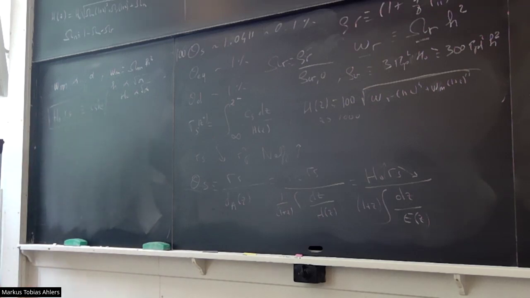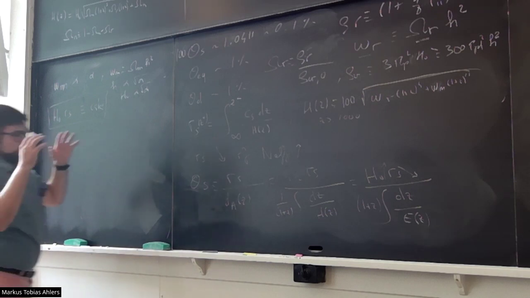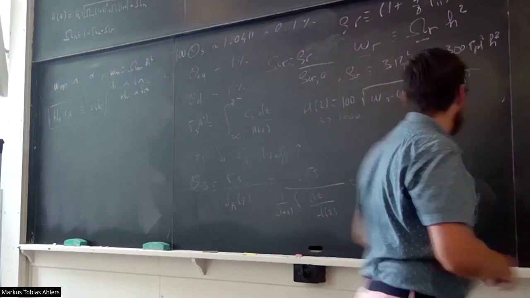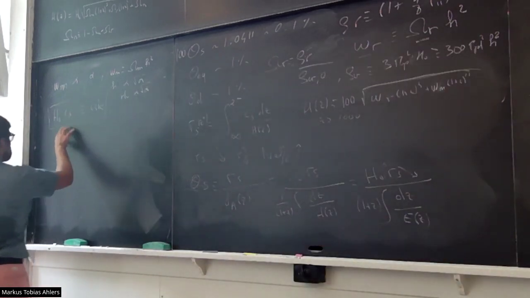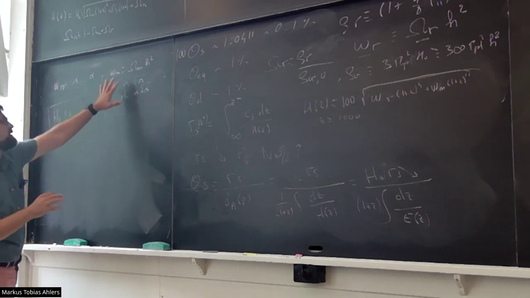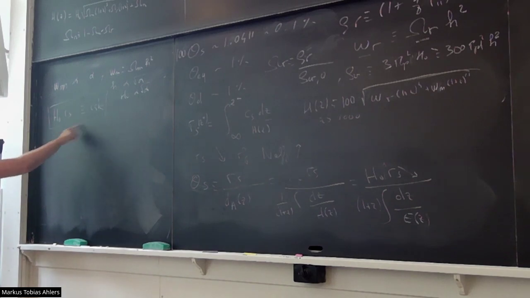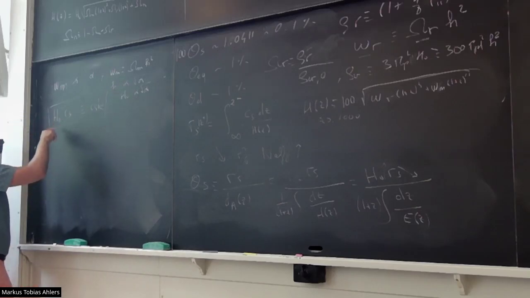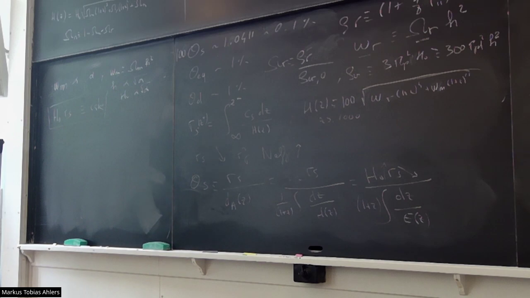The same scaling that allows you to keep matter-radiation equality fixed allows you to keep the H naught times Rs product fixed. Anyway, this is fixed, great. So what we get is that H scales like square root of alpha, the omega matter scales like alpha. So everything is fixed.